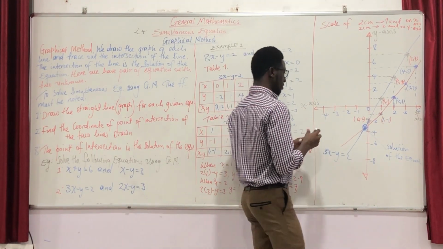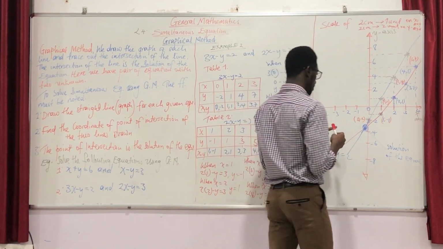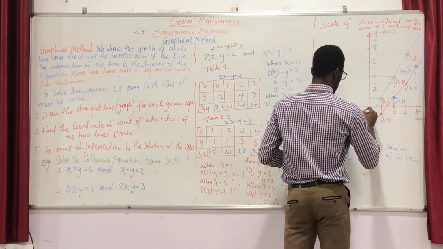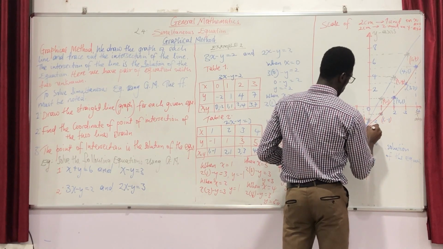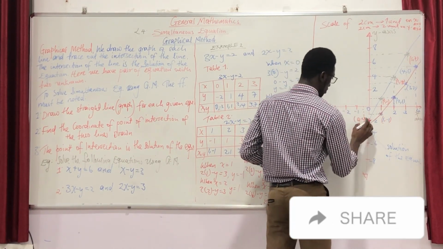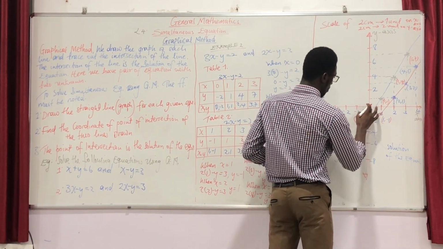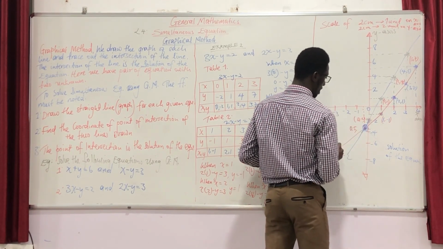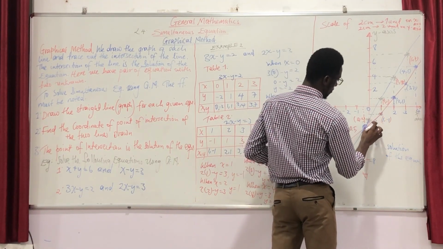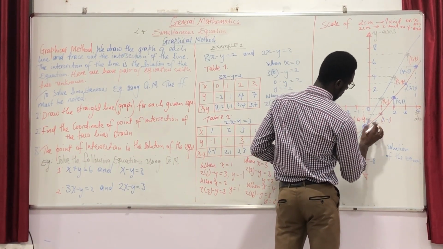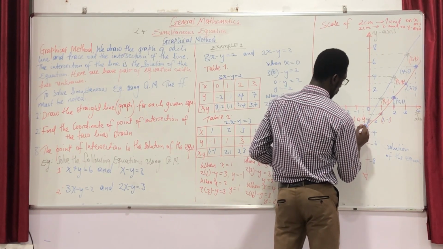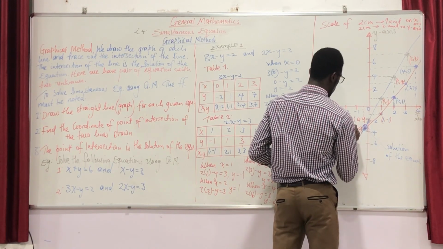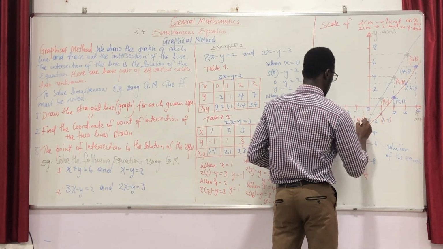If we trace these points, you can see the solution of the equation probably will be 0.5 for the x, comma, then these 2 points, minus 2.7.